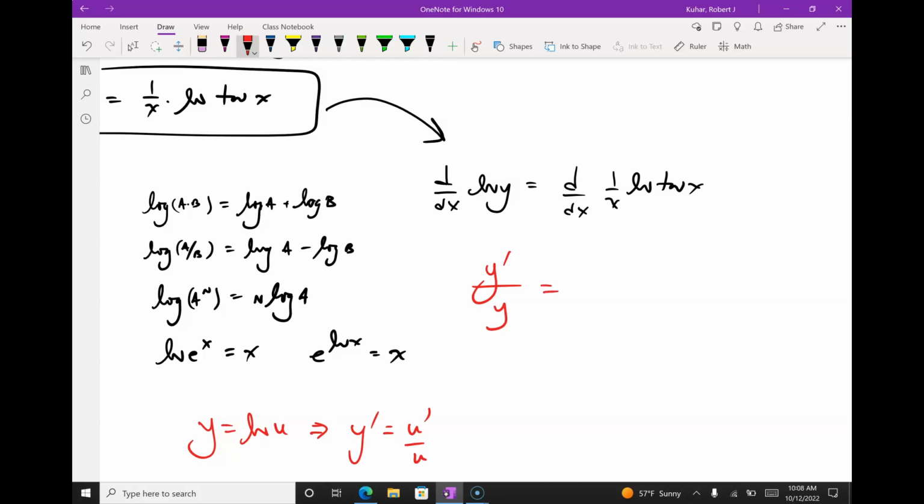On the other side, though, don't I have a product rule? So I have to think about the product rule over here. I've got 1 over x with a derivative of minus 1 over x squared. And then I've got the ln of the tangent of x, which will give me secant squared x over the tangent of x.